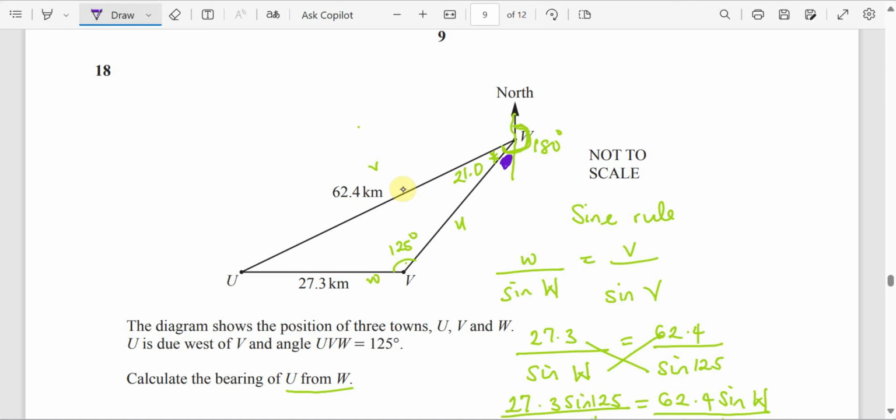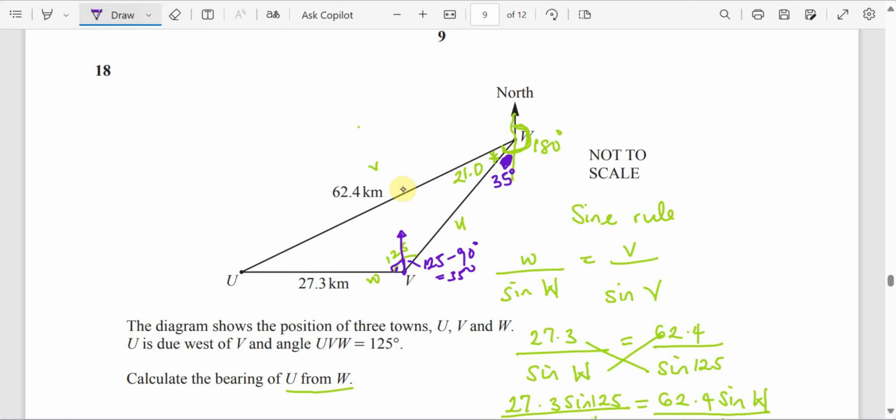So I can find that by drawing my 90 degrees here. So this angle I have here, this is 90. So this angle here is 125 minus 90 degrees, and that's going to give us 35 degrees. So this is also alternate. This is alternate to this, so it is also 35 degrees.